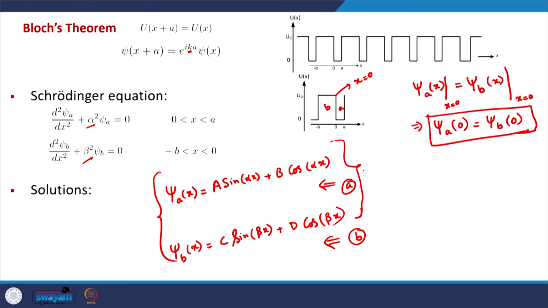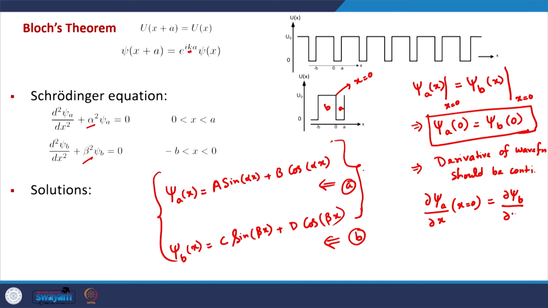The second boundary condition is that the derivative of the wave function should be continuous, which means that the derivative of psi A at x equal to 0 should be equal to the derivative of psi B at x equal to 0.